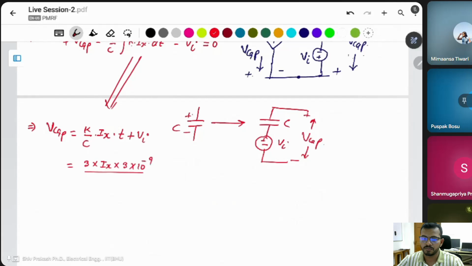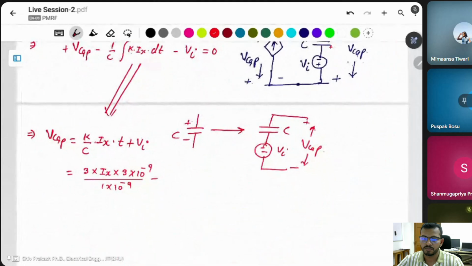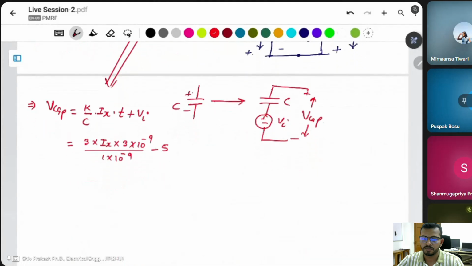The capacitor value is 1 nanofarad, 10 to the power of minus 9, plus the initial voltage Vi, which is given as minus 5. Then the 10 to the power of 9 terms cancel out. Then this will be 9 into Ix minus 5.